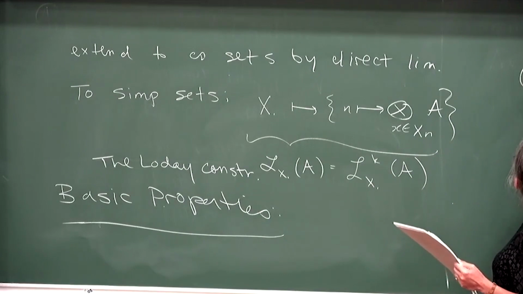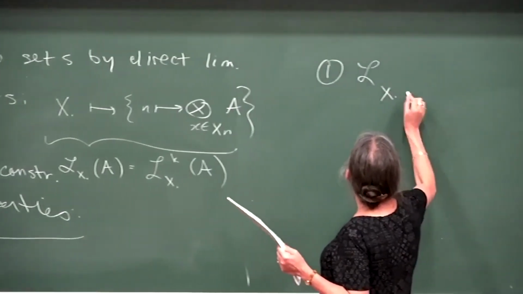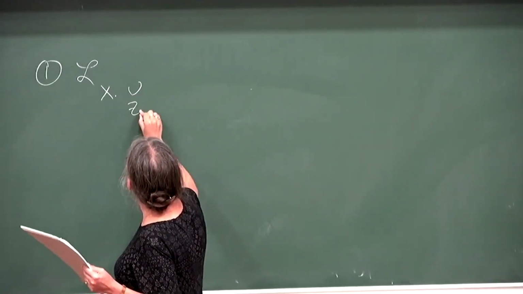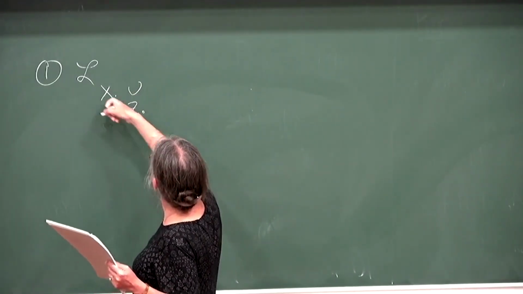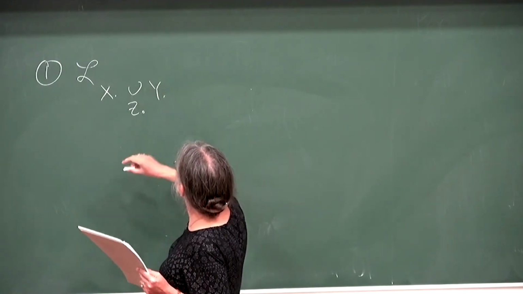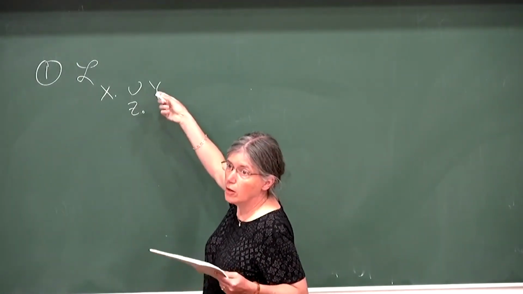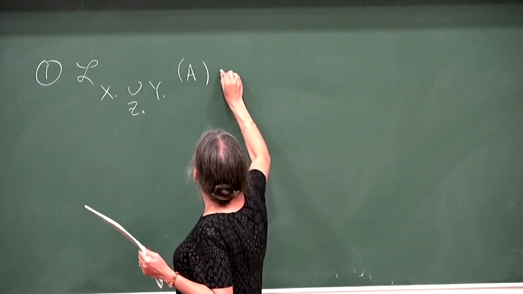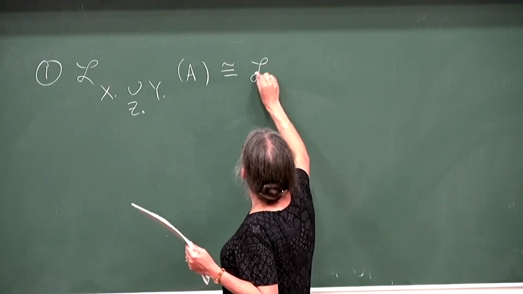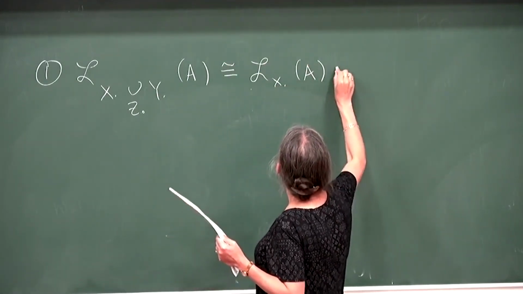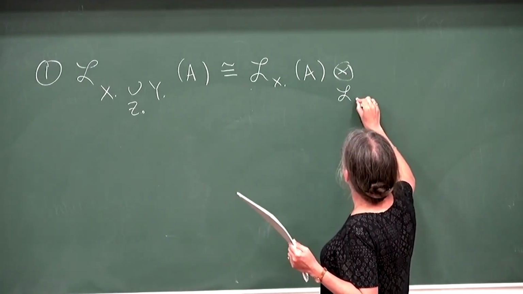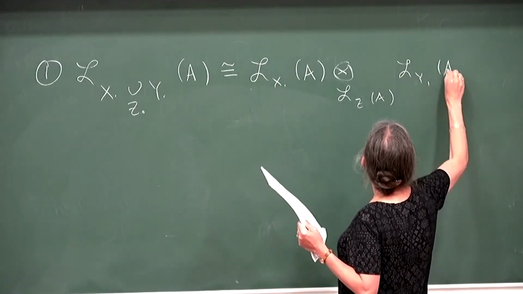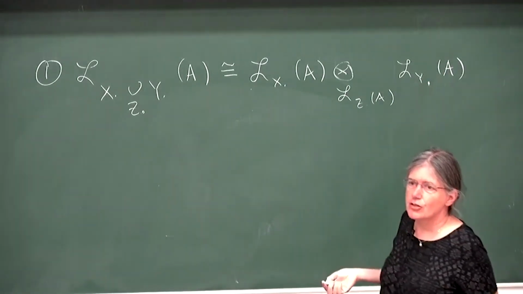So the first one is if you have a simplicial set X and Y, and a simplicial subset Z, you can glue X and Y along Z. And then you get that it's L_X A tensor over L_Z A with L_Y A. And that's just done level-wise.